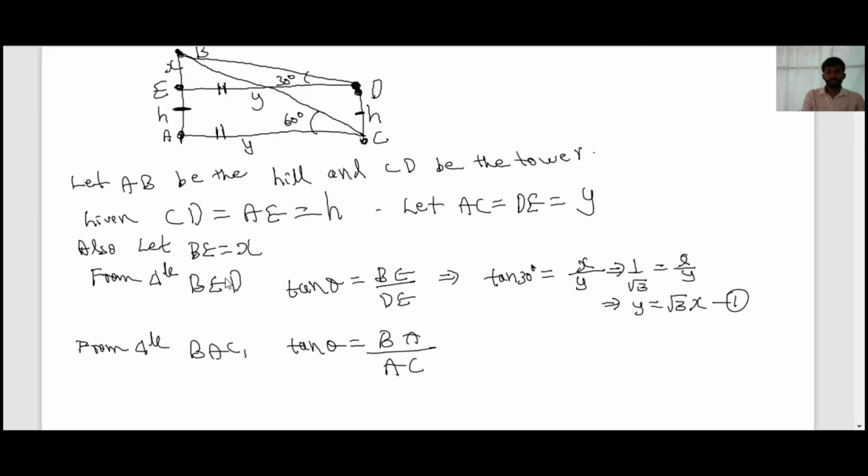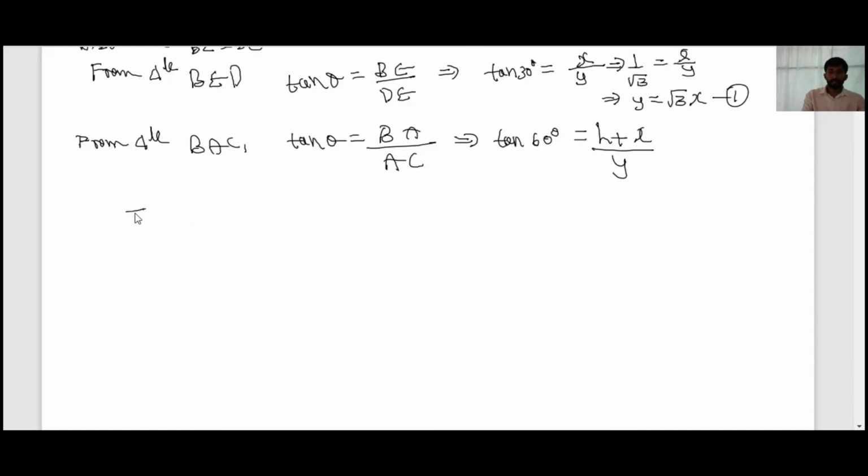That's why in both steps I am using tan theta only. Theta equal to 60 degree given, so tan 60 degree is equal to BA by AC. What is BA? BA is equal to AE plus EB, that is h plus x, divided by AC. AC value you are taking as y.